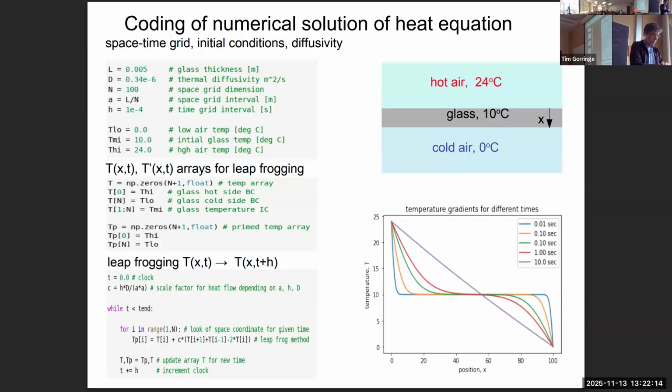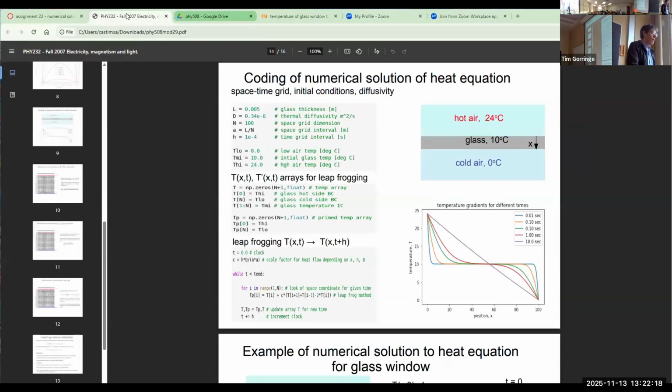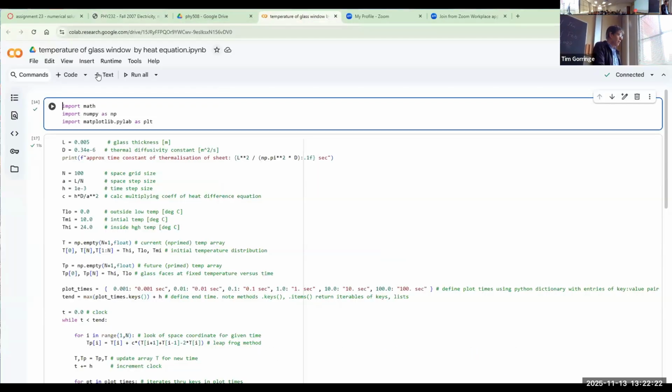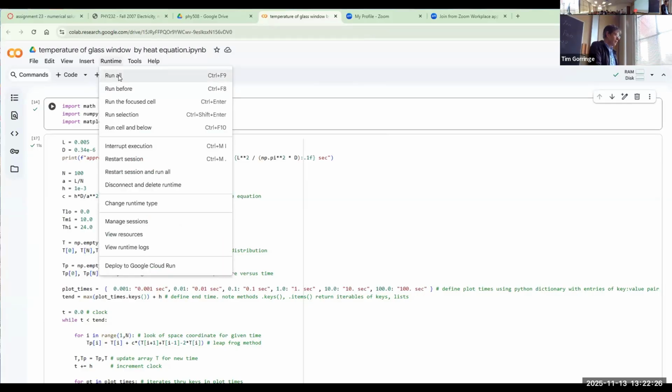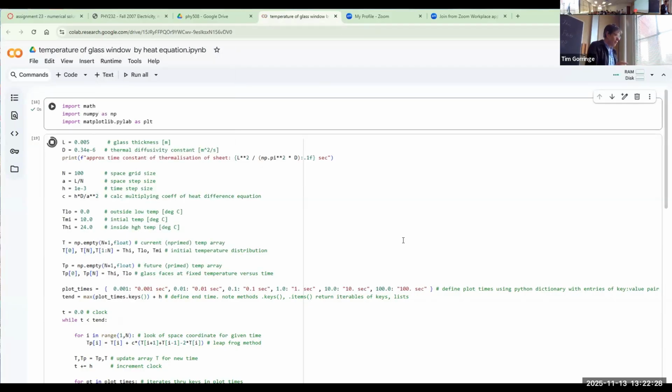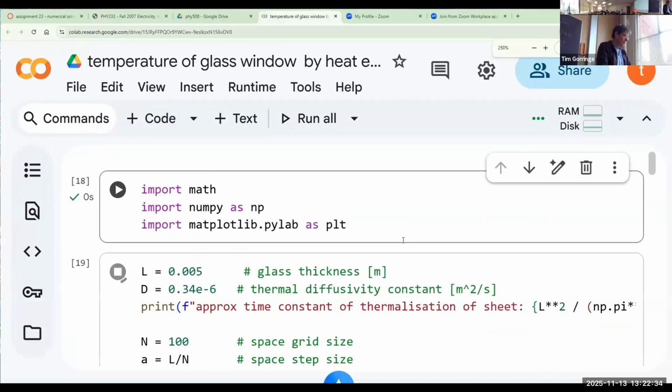Okay. Here's the code. I'm just running it now because it might take a little bit of time to run.